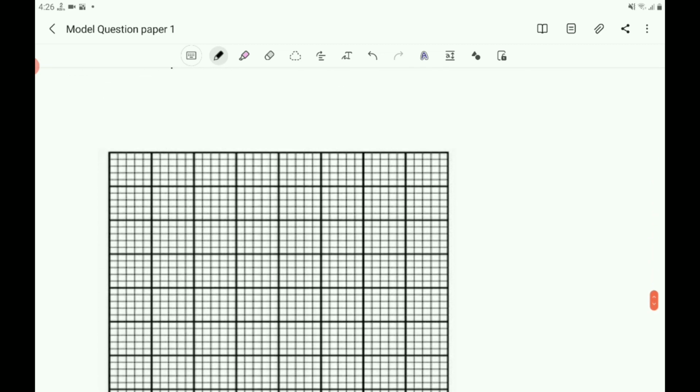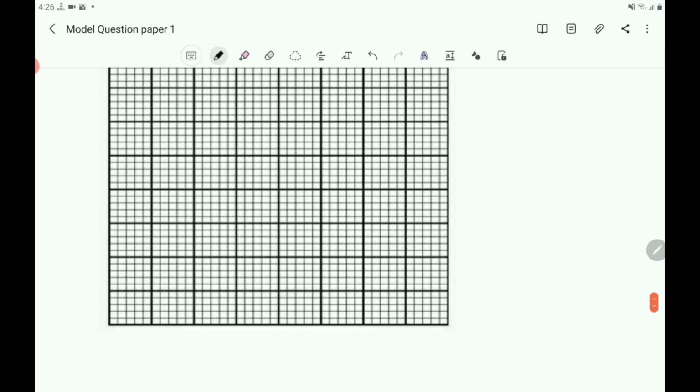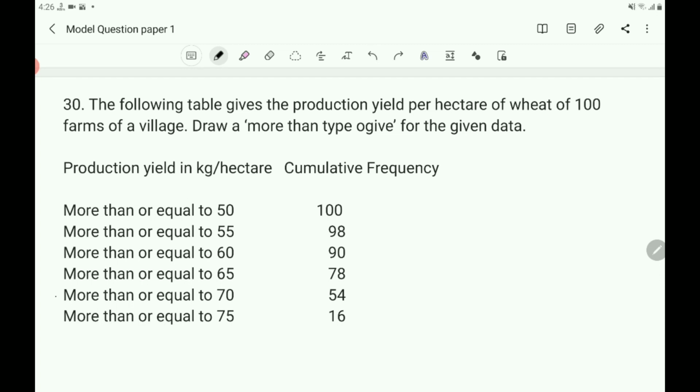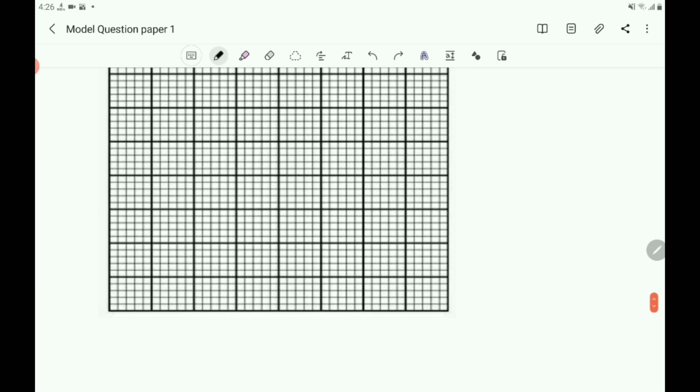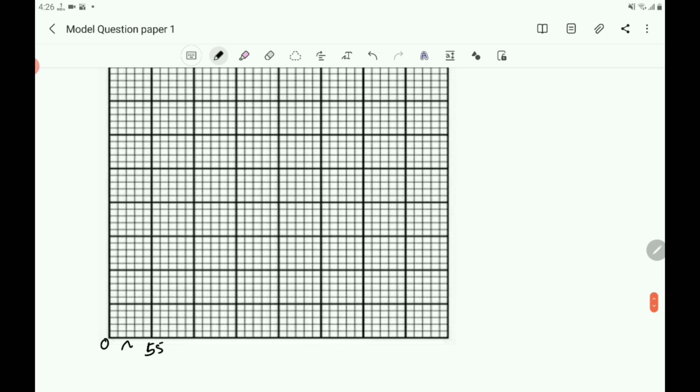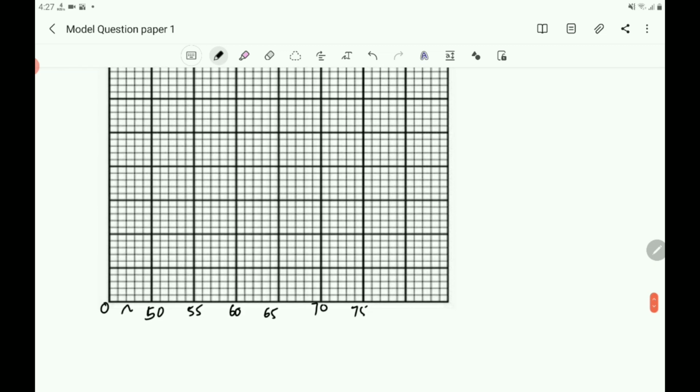Now let us take the graph, and the minimum is here 50. So let us take 50, not 55. 50, 55, 60, 65, 70, 75, up to 75 is there.